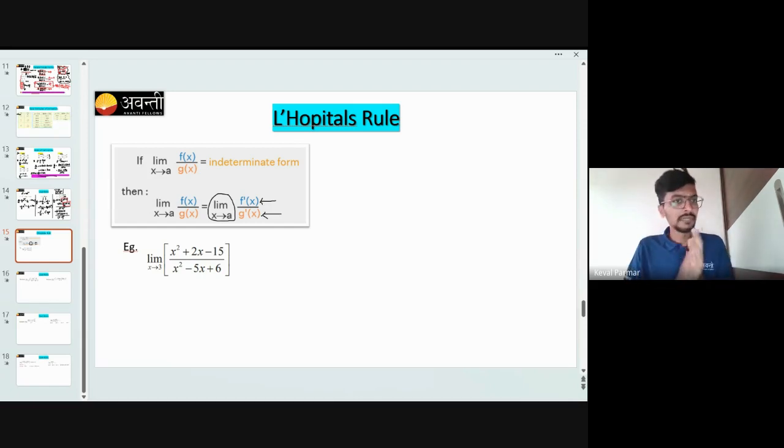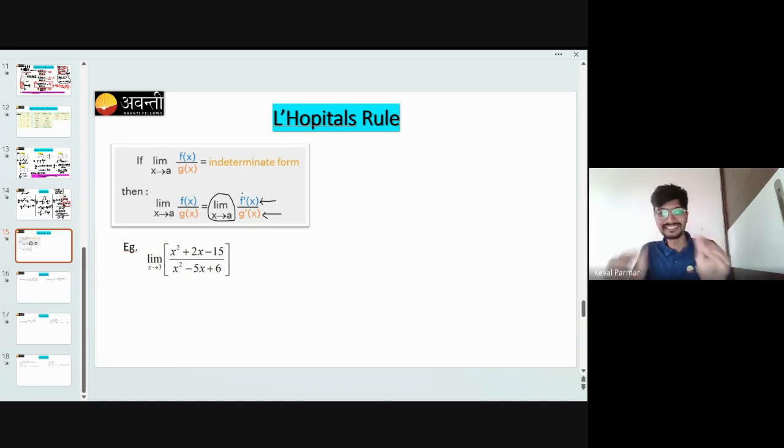Meaning, if after taking the derivative for the first time the indeterminate form does not vanish, then we can take the derivative a second time. So we'll see some examples where we have to take derivatives 2 times.